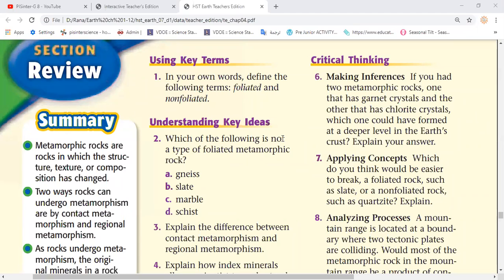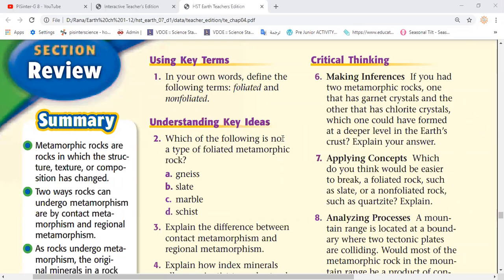What do you think? Do you agree with her answer? Yes. Okay. So foliated rock will be broken down more easily because the minerals in foliated rock are still as they are. That means the minerals don't merge.